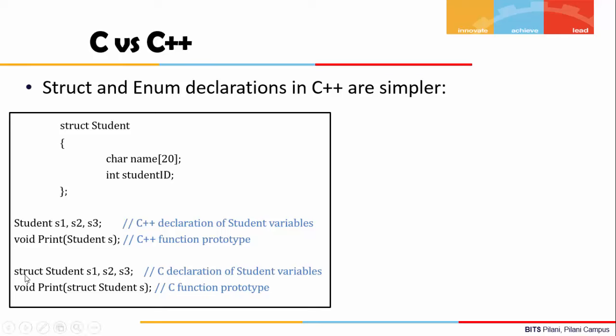This is the struct tag. This is the C declaration, so whenever we need to use this variable, we need to use the struct tag. But in case of C++, the tag is not necessary. In C, we must use struct student for student variables. In C++, we can omit struct and use student directly.